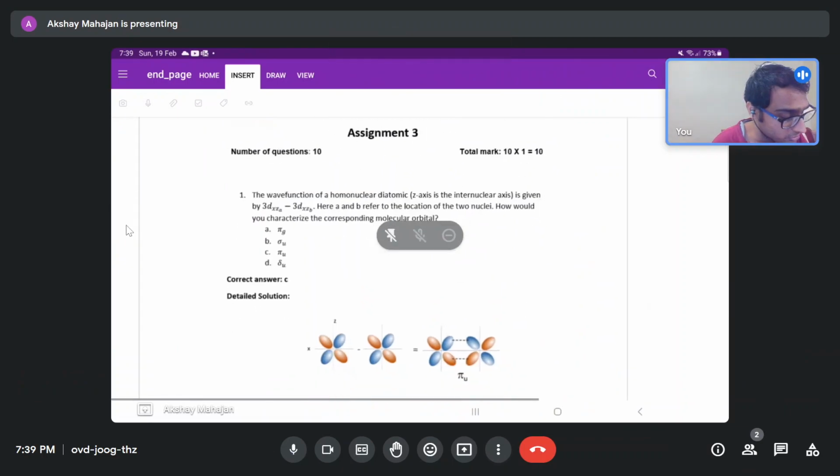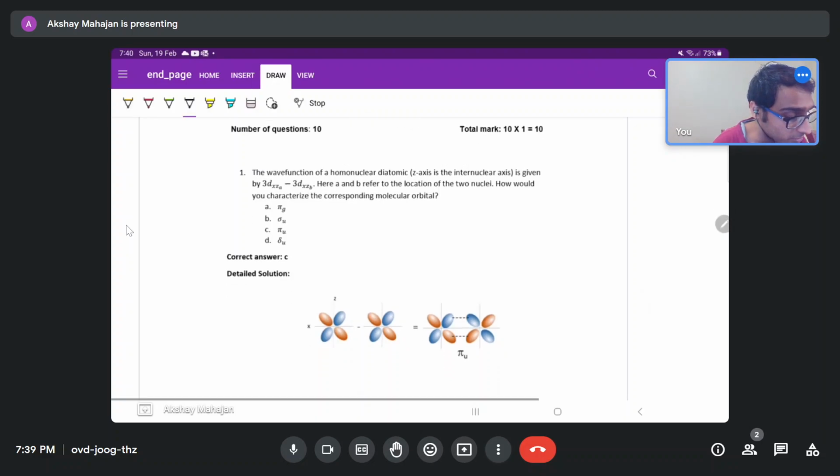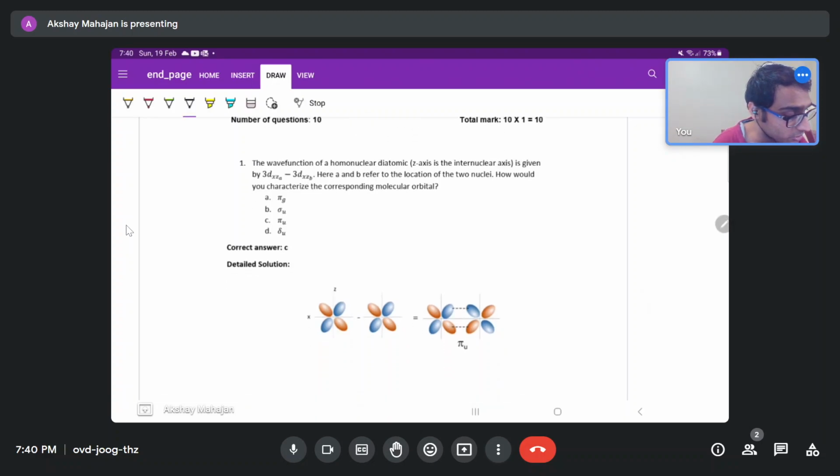The first question: the wave function of a homonuclear diatomic, with the z-axis as the internuclear axis, is given by 3d xz on A minus 3d xz on B. Here A and B refer to the locations of the two nuclei. How would you characterize the corresponding orbital?